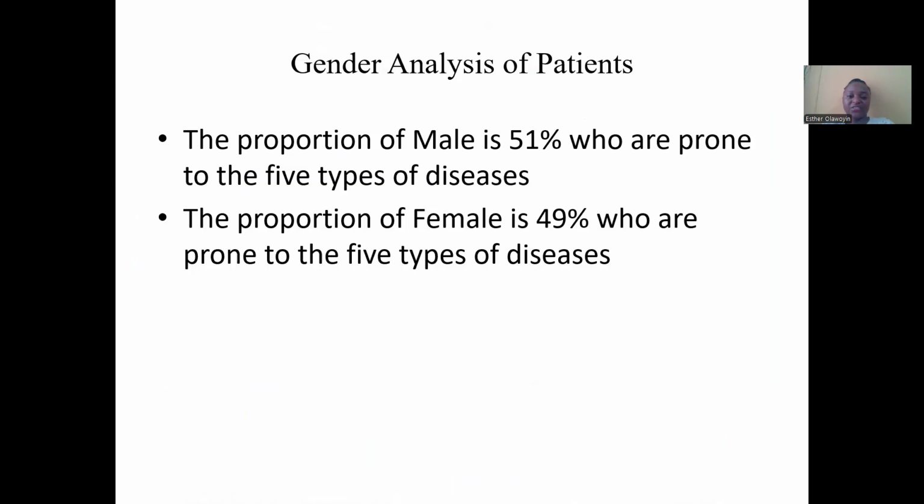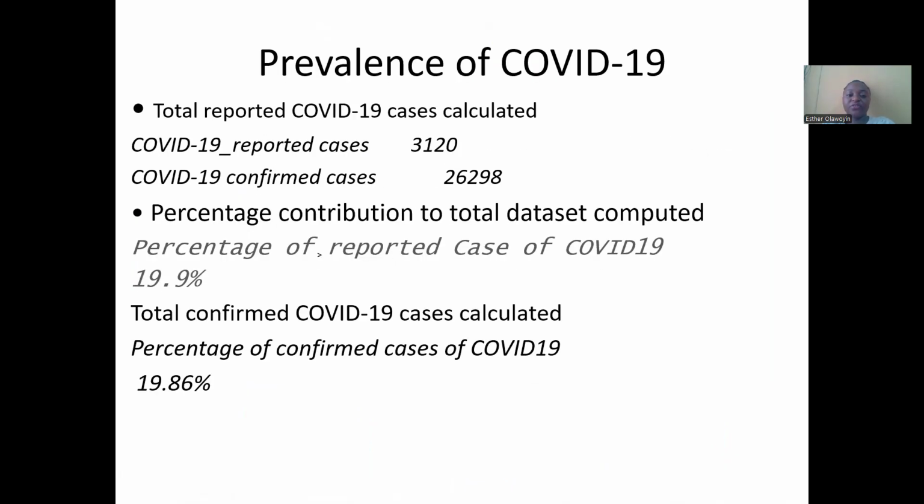In the gender analysis of patients, the proportion of male who are prone to the five types of diseases is 51, and that of female is 49. This is showing the confirmed and the reported cases.